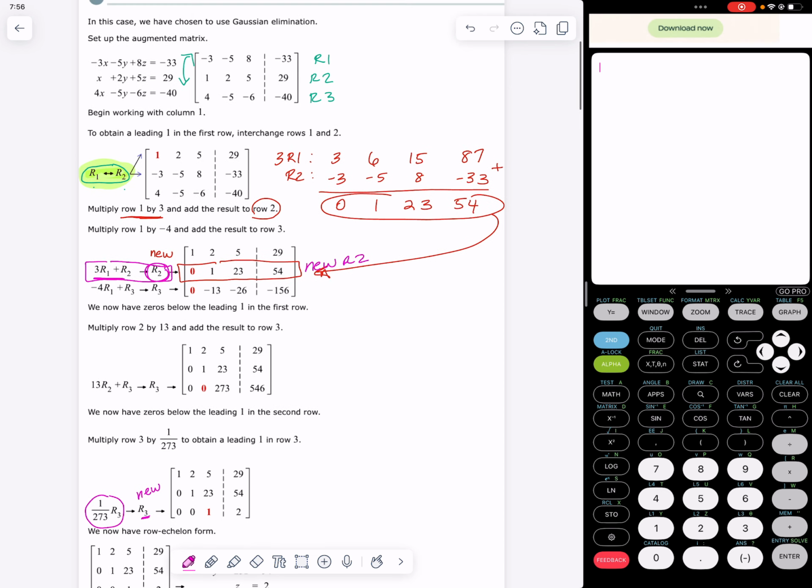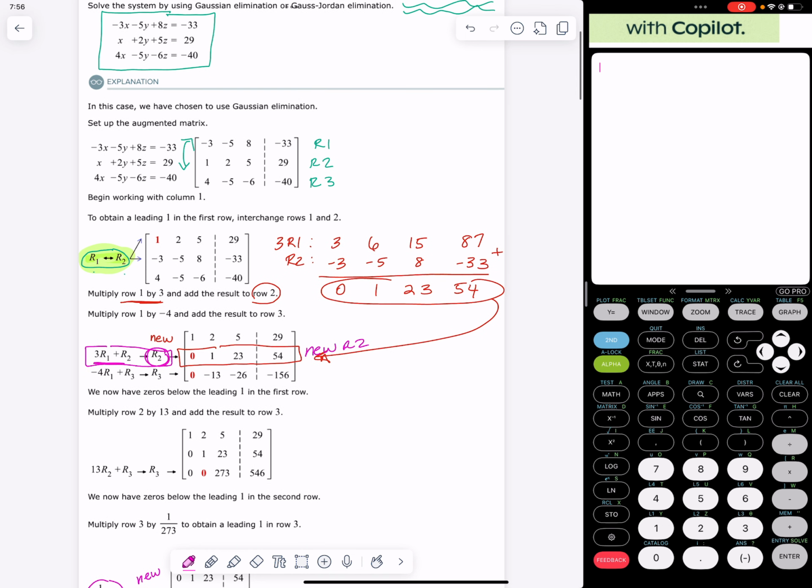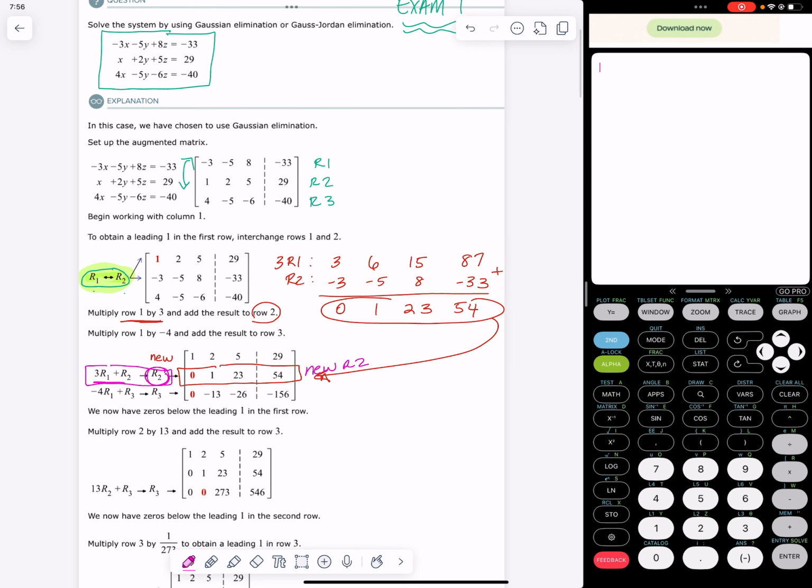Now, how these steps are done, in what order, is your goal. Your first goal is to get a 1 in the first row in the first column. Then your next goal is to get zeros in the next 2 rows in the first column. You do that by these operations, and you have to come up with those.